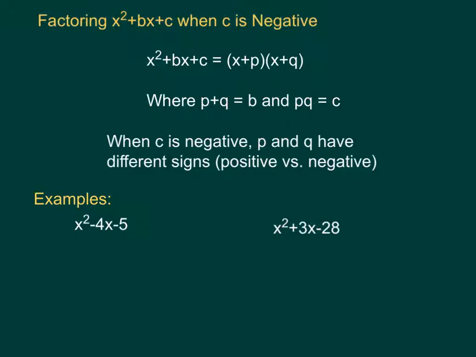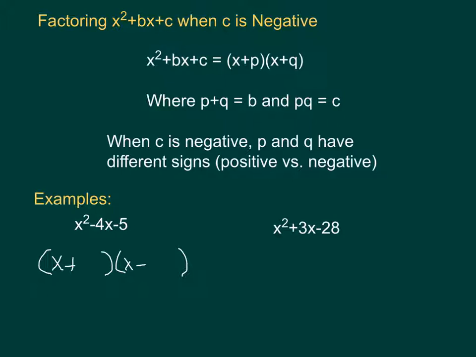Looking at the examples below, we have x squared minus 4x minus 5. Now we do know that the factored form of this will be a pair of binomials, both starting with x. We also know, because the constant term is negative, that we're going to have one of these binomials be an addition and one be a subtraction.